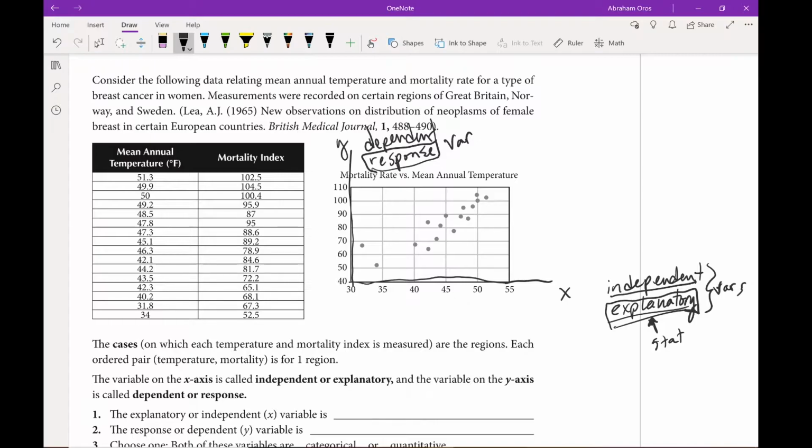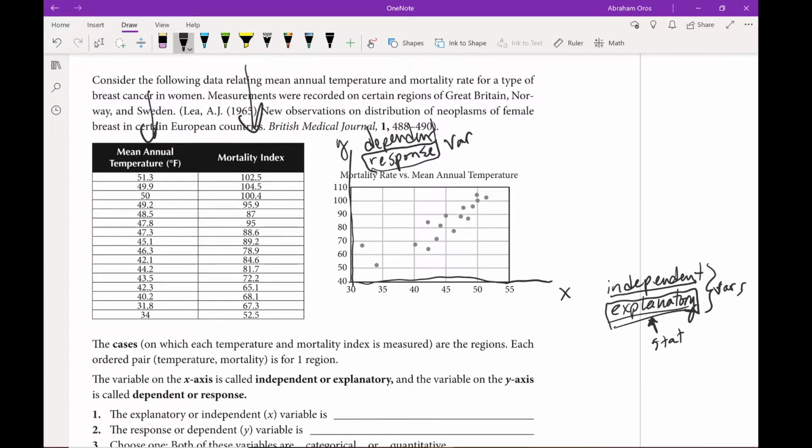So when we're looking at these two columns over here, you have a temperature and a mortality index. And I think everybody would agree that temperature is not going to change based on how the mortality index changes. But the mortality index might change based on the temperature.